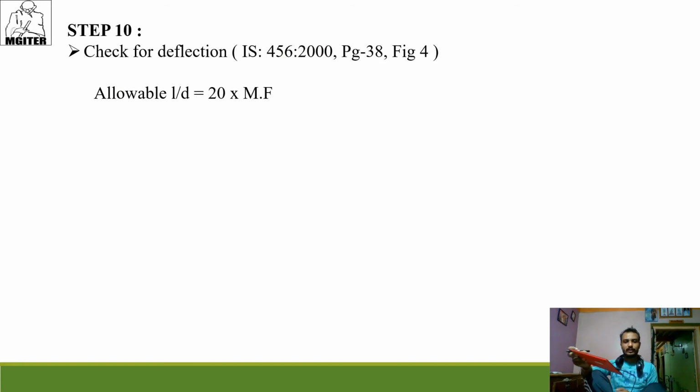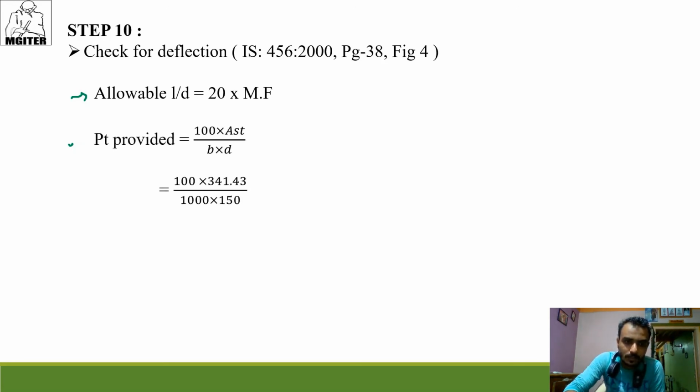Second one is check for deflection. We have to follow allowable L by D equal to 20 into MF, the length by depth ratio. So Pt provided for the main steel is 100 into 341.43 divided by 1000 into 150.